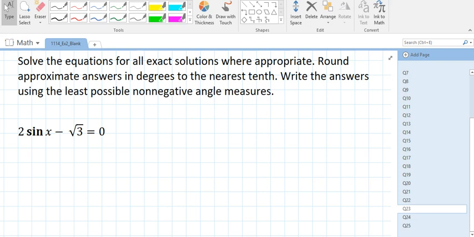It says round approximate answers in degrees to the nearest tenth, if we have to. Do they want our answer in radians or degrees? They want it in degrees because it says angle measure, and right here it says answers in degrees to the nearest tenth.